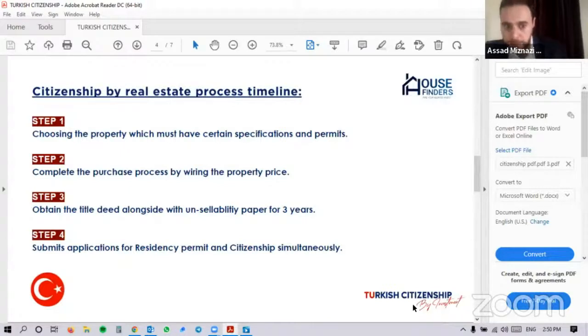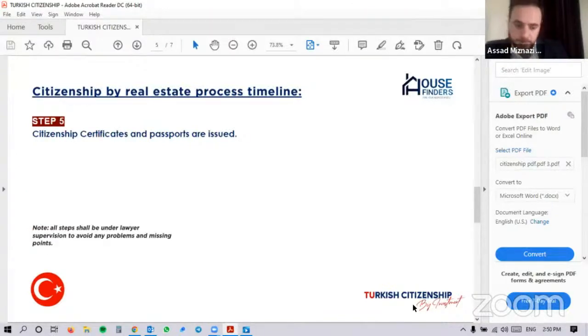Complete the purchase by paying the property price, obtaining the title deed along with the sellability paper for 3 years. Then we submit applications for the residency permit, and afterwards the citizenship documents. Within 3 up to 5 months after applying, you will get your citizenship, for you, your wife, and all children under 18. I would like to hear any questions, if there are any.